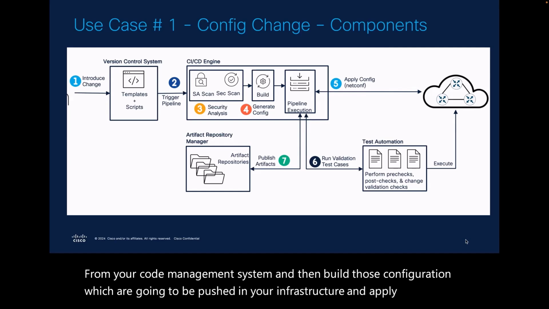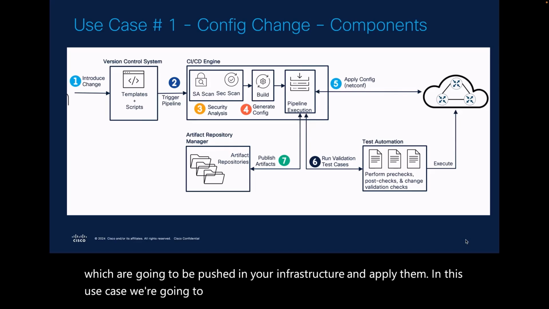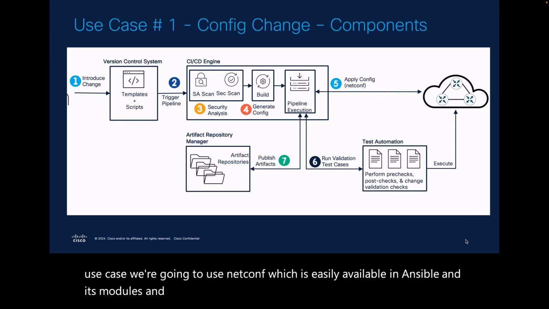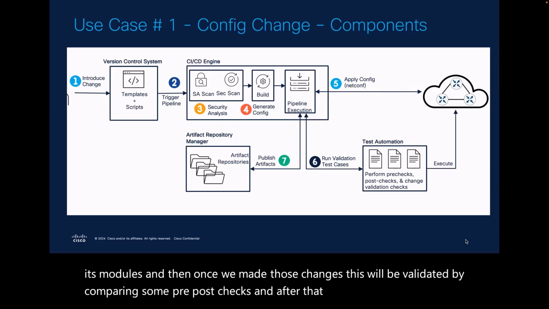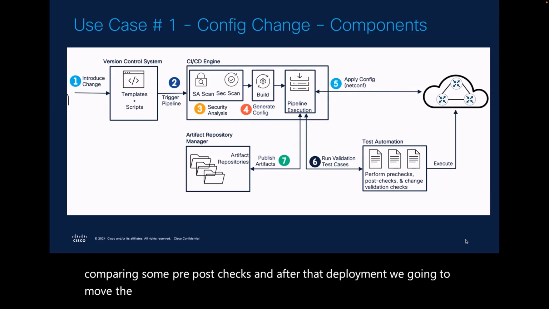In this use case, we're gonna use NETCONF, which is easily available in Ansible and its modules. And then once we make those changes, this will be validated by comparing some pre-post checks, and after that deployment we're gonna move the verified changes into an artifactory called Nexus.